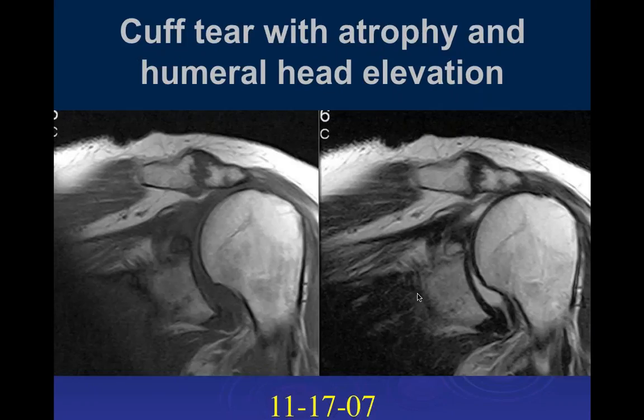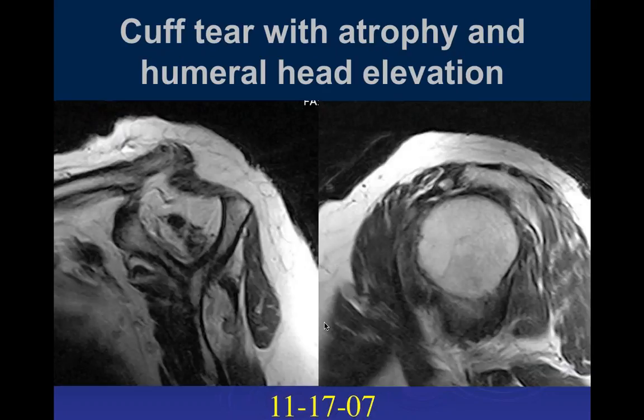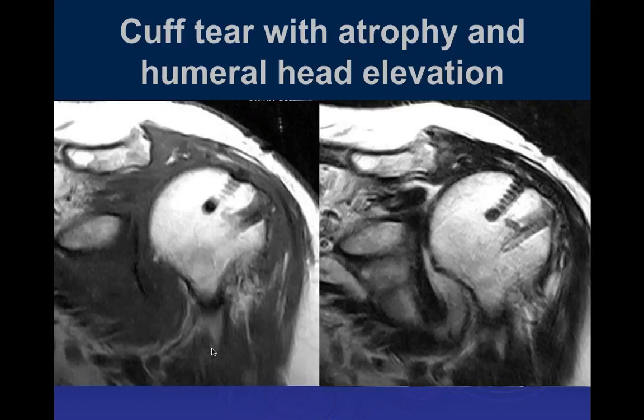And here's just another case where we can see superior migration of the humeral head, tear of the supraspinatus, probably stage 4 fatty atrophy of the supraspinatus. This is on 11/17/07. Here we can see on the sagittal images marked atrophy of the muscles.